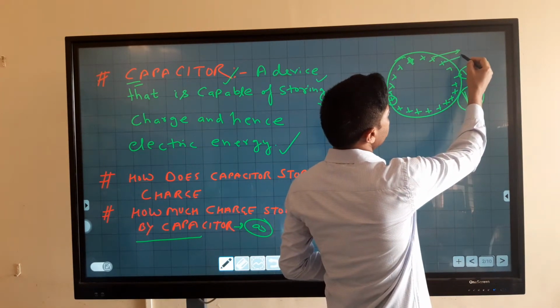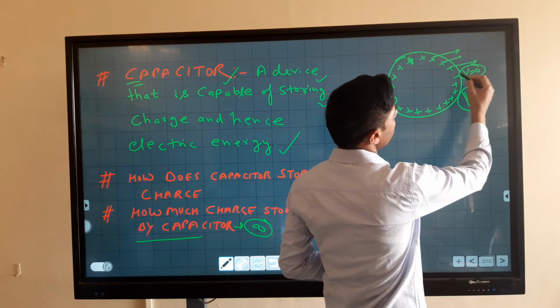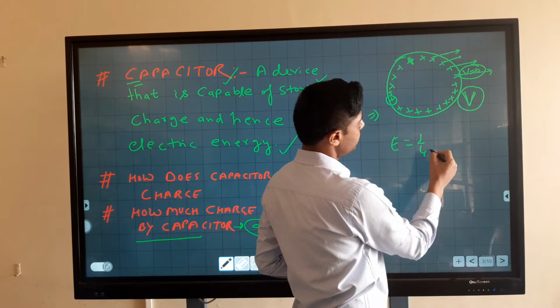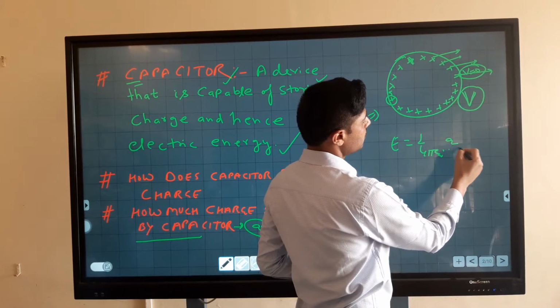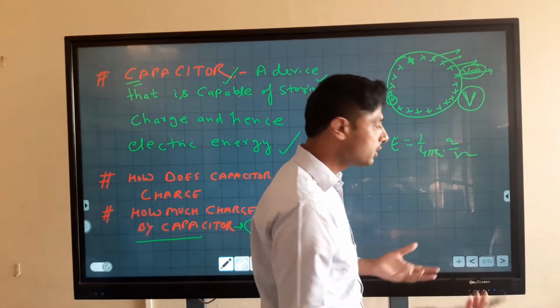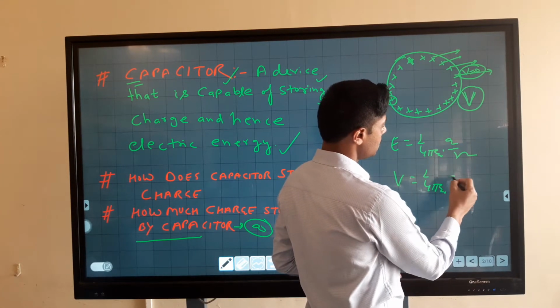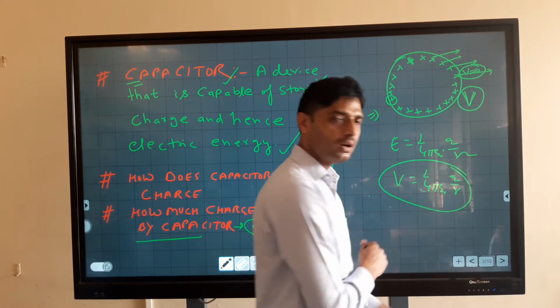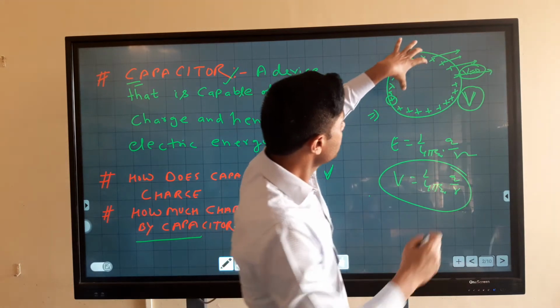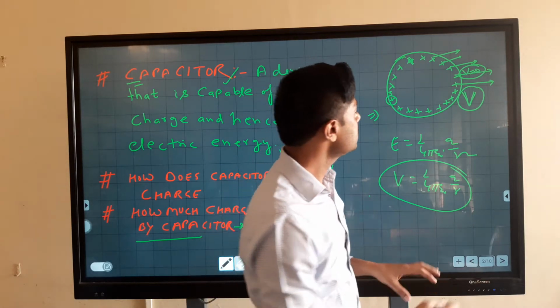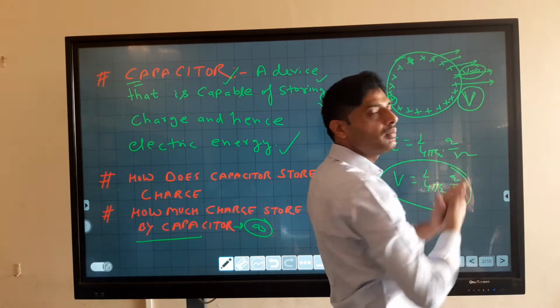These electric field lines go on increasing, because E equals 1 upon 4 pi epsilon naught Q upon R square, and the voltage also increases because V equals 1 upon 4 pi epsilon naught Q upon R.